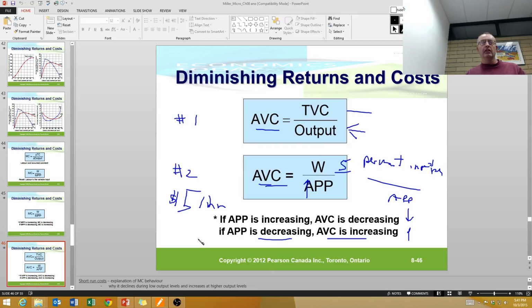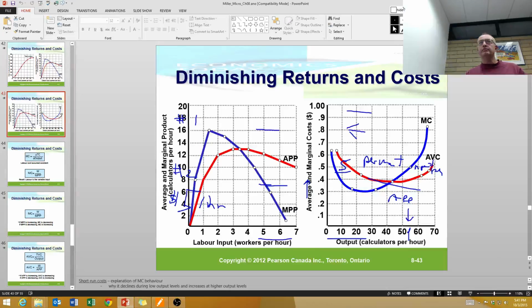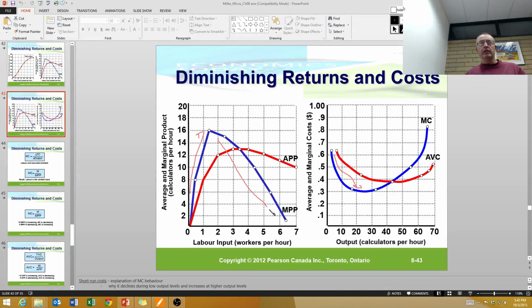So we can see exactly what we saw in this diagram back here, that as the marginal physical product increases, marginal costs decline, and as marginal physical product declines, marginal costs increase, and then likewise as average physical product increases, average variable costs decline, and as average physical product declines, average variable costs increase.